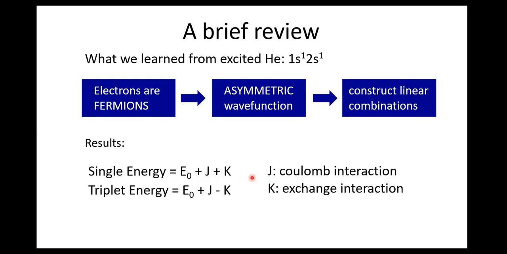Because electrons are always repelling each other, we have the plus J term. But they differ from each other in the K term, and the K is the exchange interaction. So if the 2 electrons have the same spin, they will lower the total energy of the whole system. And we also discussed the application of exchange energy in determining some of the 3d atoms, right?